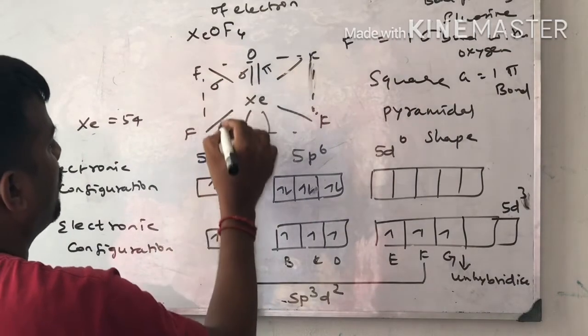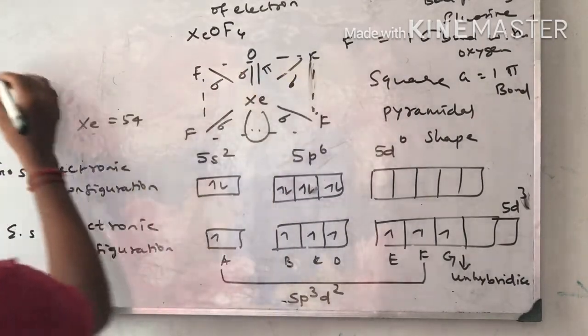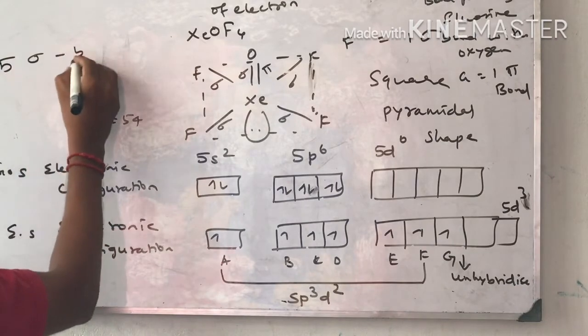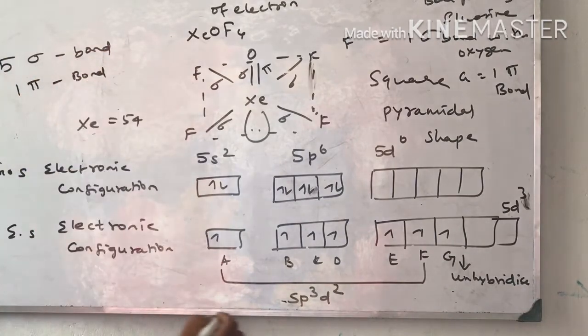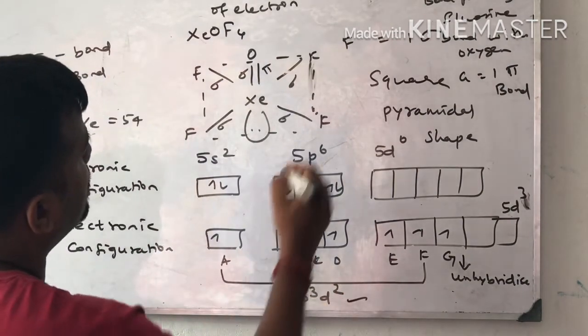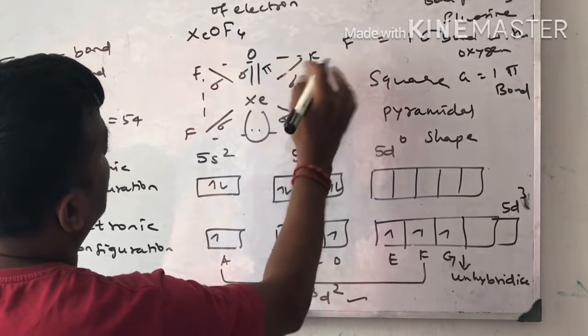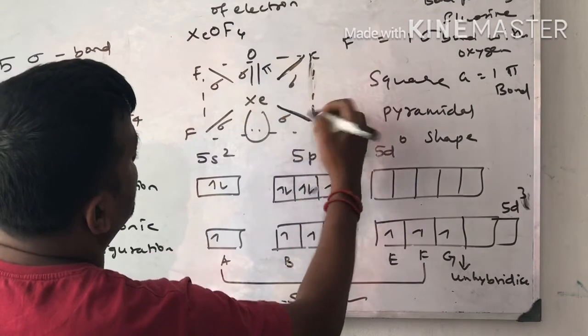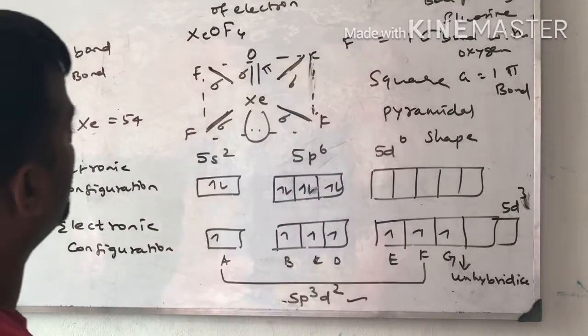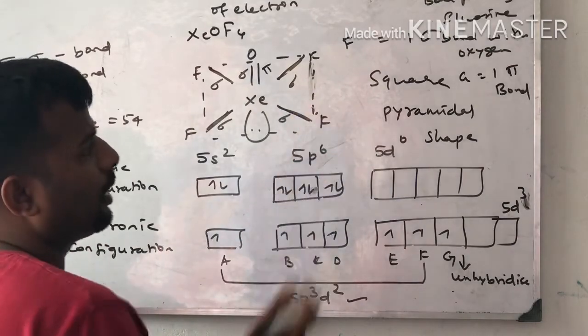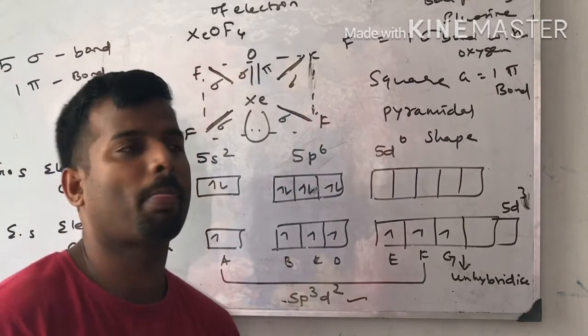How many sigma bonds? 5 sigma bonds. 1 pi bond. Bond angle, I think, is 120 here. So all the fluorines are adjusted at the corners, and therefore repulsion is minimum.